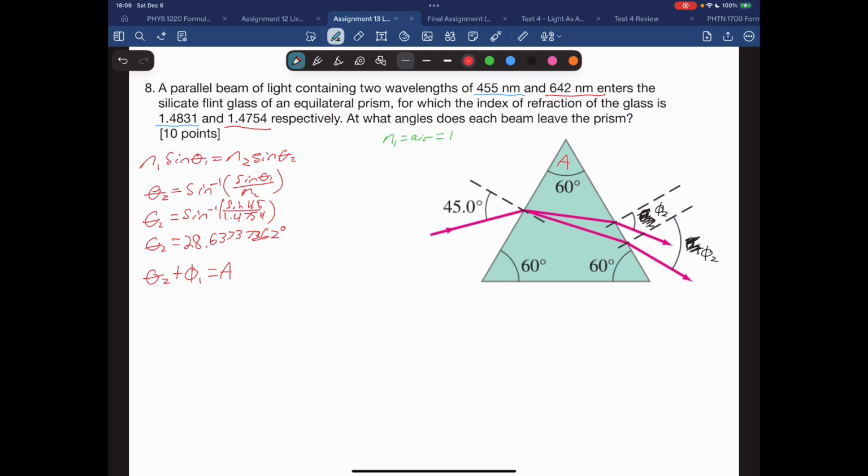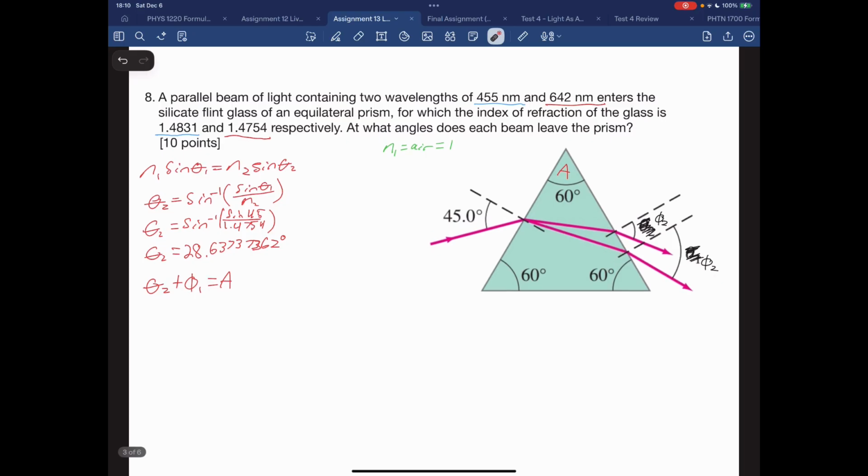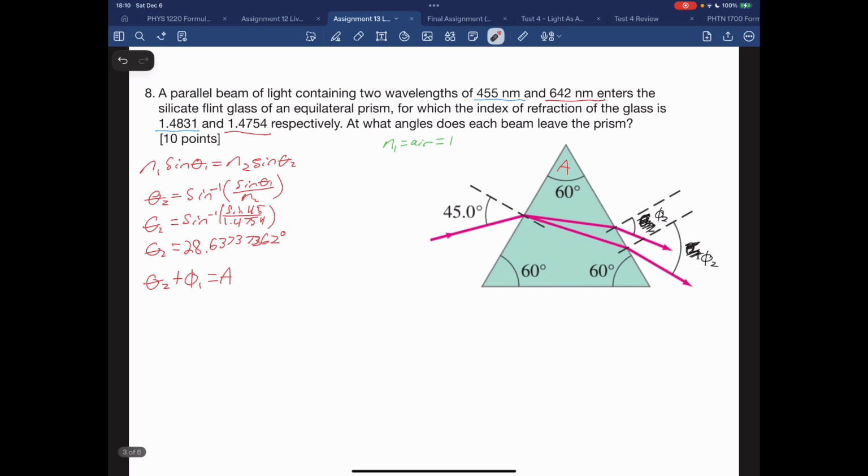I am calling all of the angles on this left side, this first air-prism interface, theta, and all the angles on the right, phi. So phi 1 is what I will be using to represent my angle of incidence at the second interface, when the light is leaving the prism here.